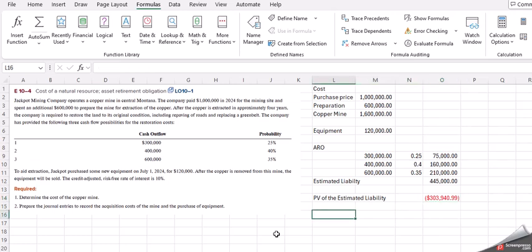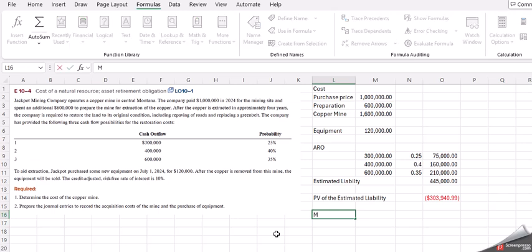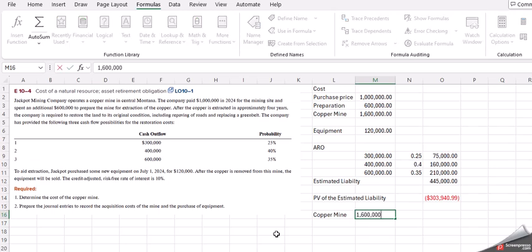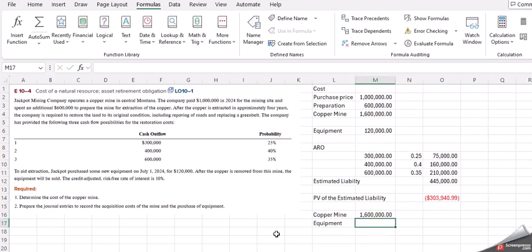So if we did the journal entry, we'd have the copper mine for $1,600,000. We'd have equipment for $120,000. And then that's what we would pay cash for.